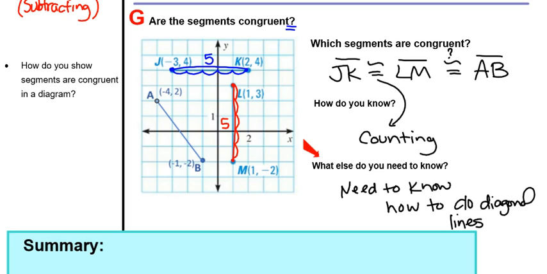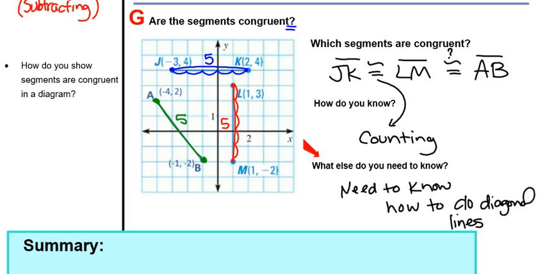And actually, we're going to learn that in a later lesson in this chapter. What I do want to point out on this lesson is I can do a little smartboard magic, and I can go from J to K, and I can measure that 5, and I can pull that out, and I can turn that, and it turns out that AB does also measure 5. Again, something that we're going to learn in a later lesson.